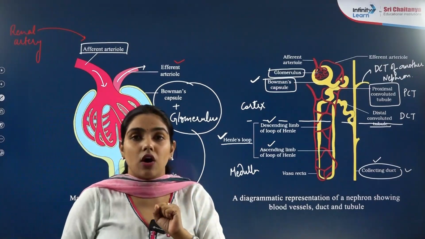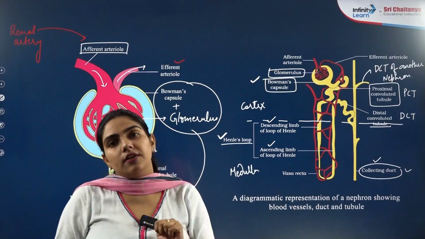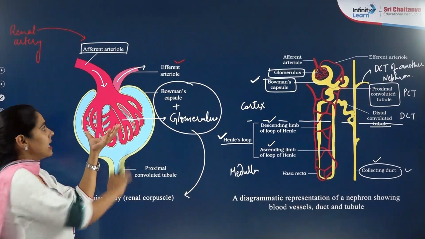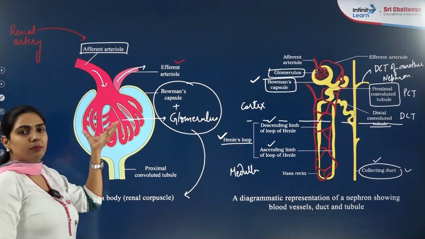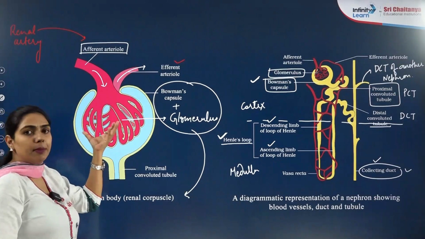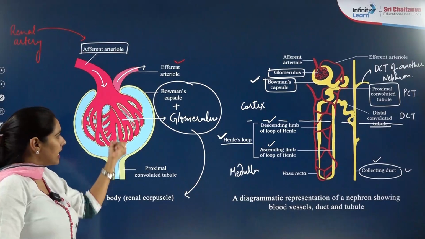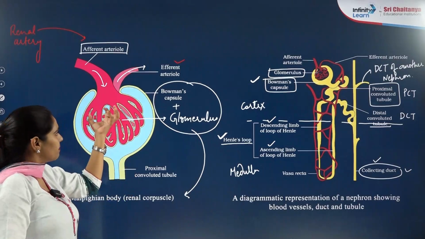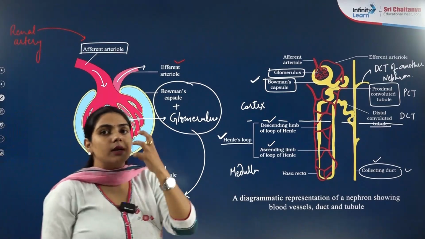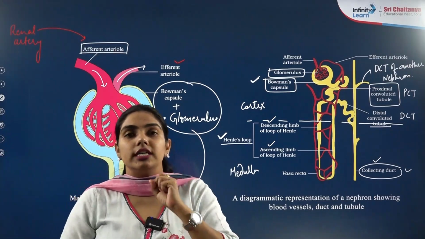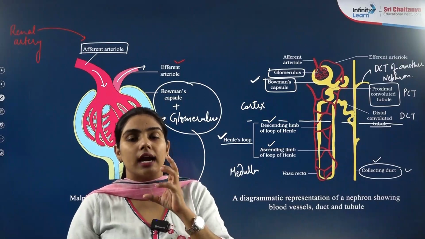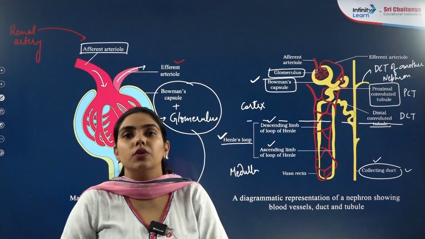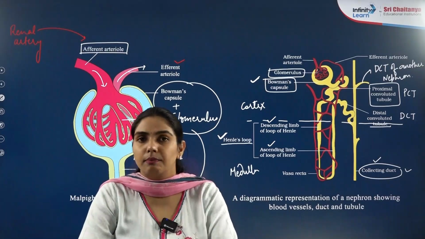The significance of this difference in diameter is, if more blood is coming in and less blood is going out, that means some blood will remain here, which will exert pressure for the filtration. That pressure has a name, GHP, glomerular hydrostatic pressure. I will explain all the pressures when I start urine formation in the next part, right?